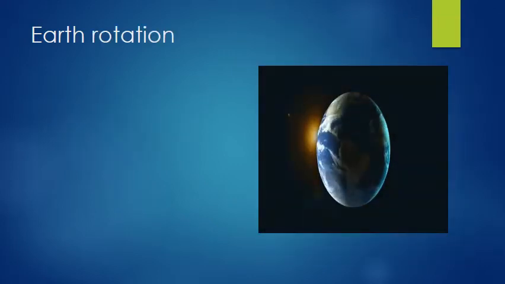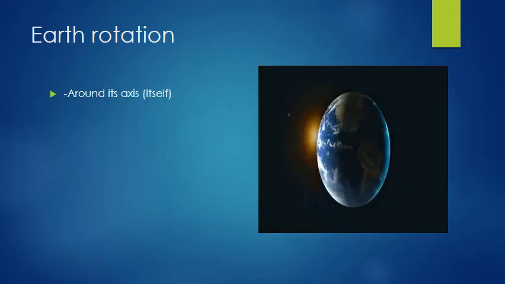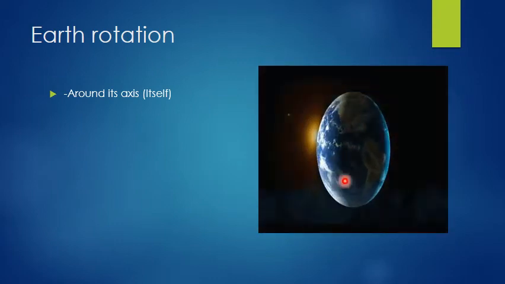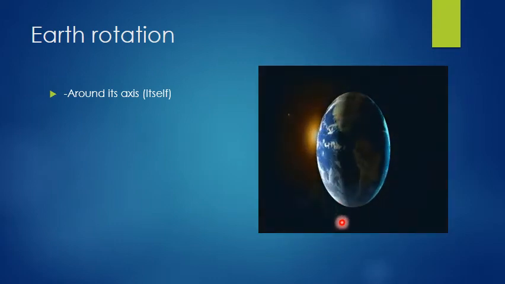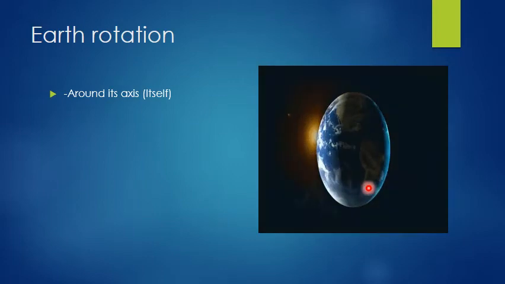Now this is the Earth rotation, as you can see. The Earth rotates around its axis. As I told you guys, there is an imaginary line that goes through the Earth itself from the north to the south, and the Earth rotates around it, or we can safely say that it rotates around itself.